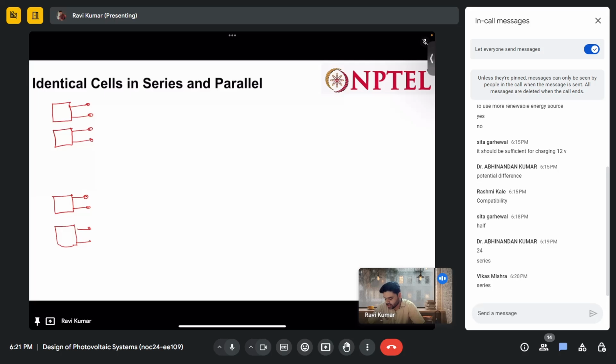We are connecting these two, positive to negative, in series here for simplicity.